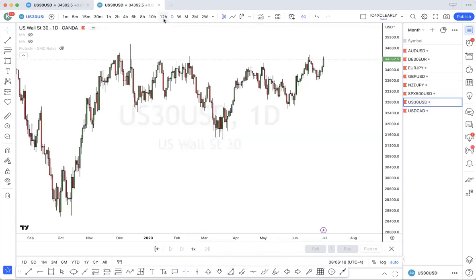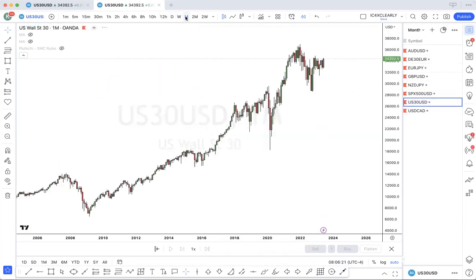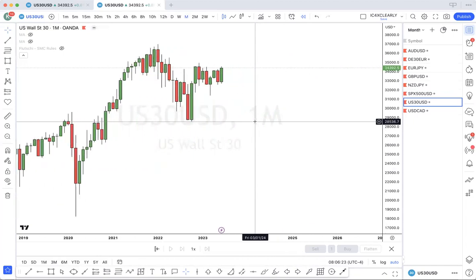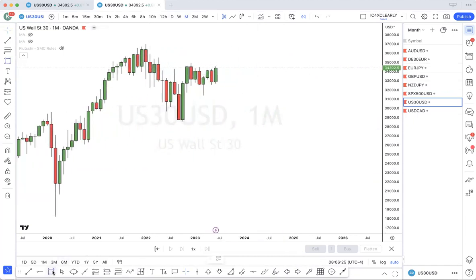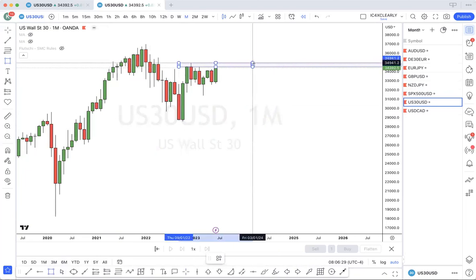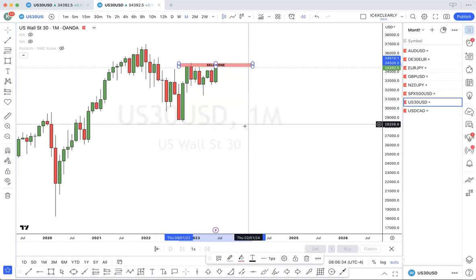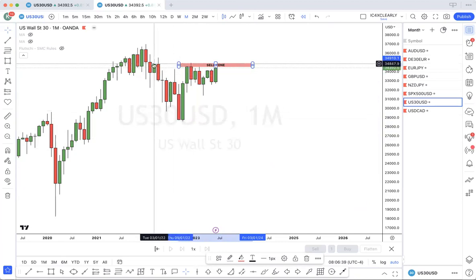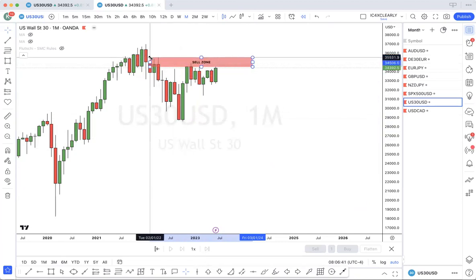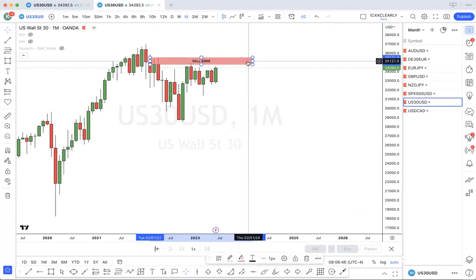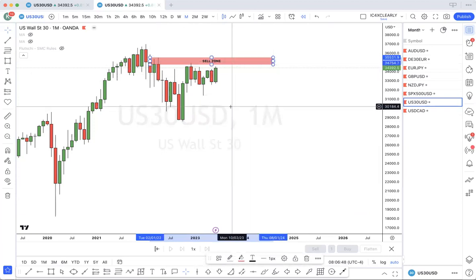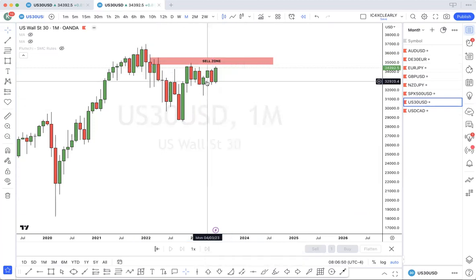US 30 on the monthly, we have a bullish order block. Now US 30, we have a zone here, price pushed up into this order block, into the wicks of this order block.